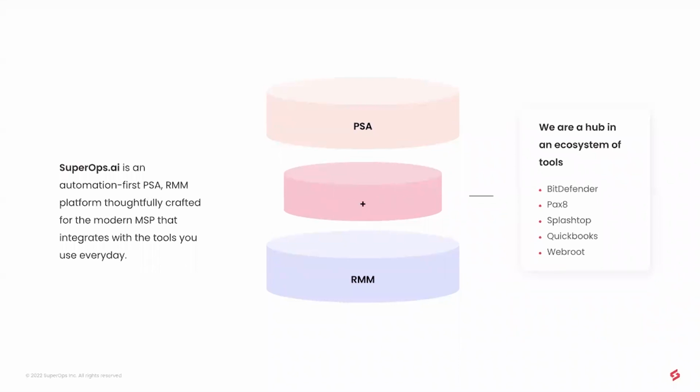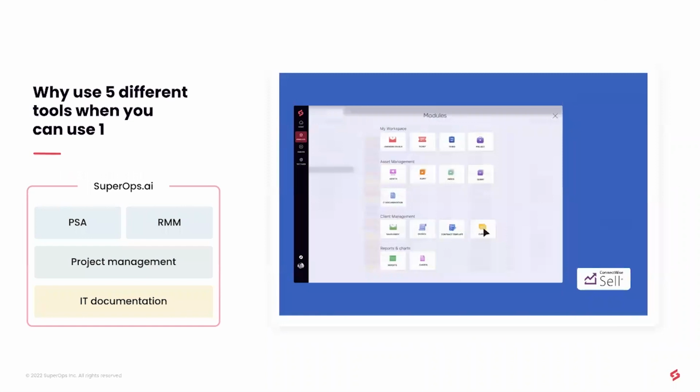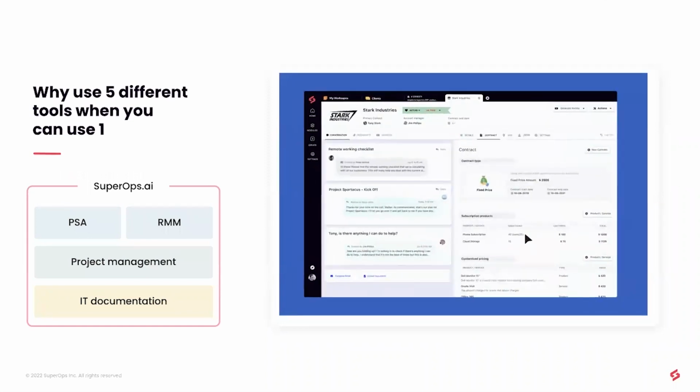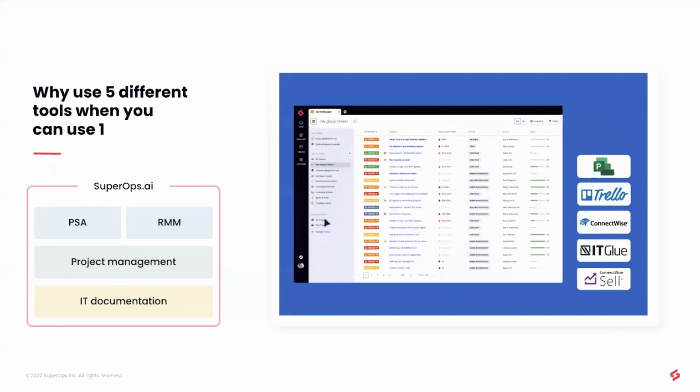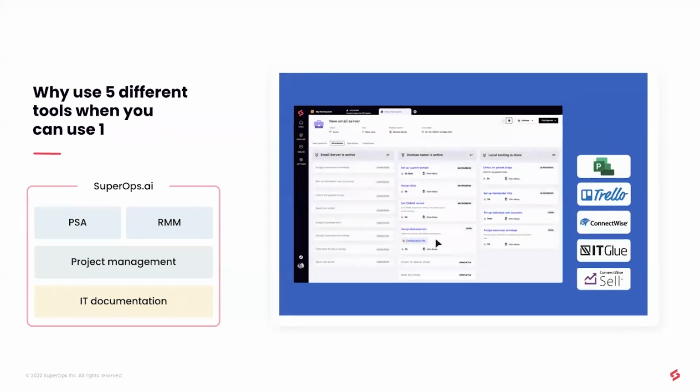To quickly give you this information, we have open APIs for both PSA and RMM, which means you can integrate with any other tool that you would like to use on both ends with our platform. So the main thing that we have tried to solve for is to bring 5 or 6 solutions that you're currently using together in one platform.